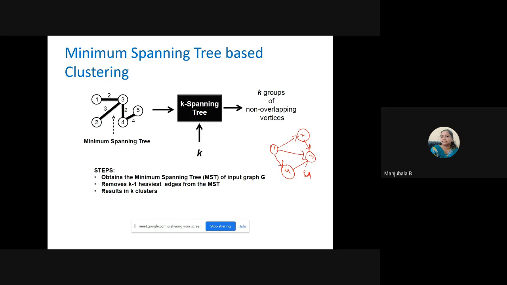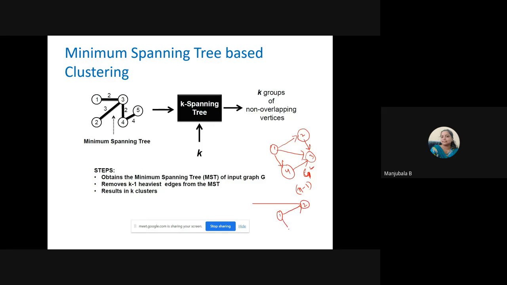A spanning tree is a subgraph of the graph G which has the same number of nodes as G, but fewer edges. Generally, n minus 1 edges will be there in the spanning tree.